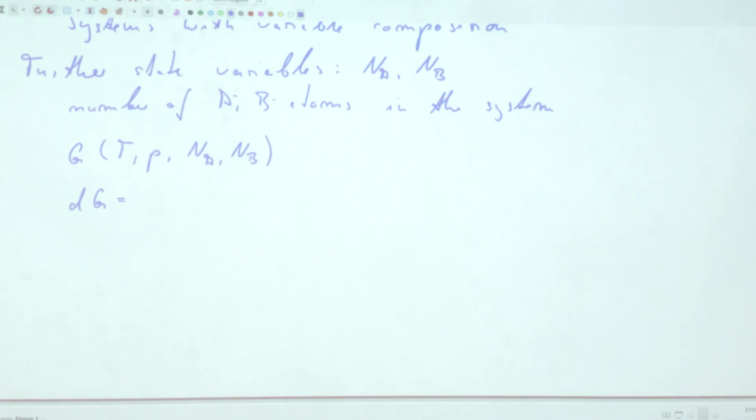As before, we get the VdP minus SdT plus, now we can vary the number of A atoms, the number of B atoms, and for this purpose, we have to take the derivative.